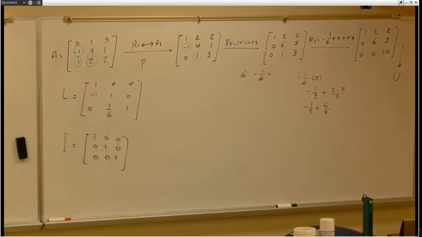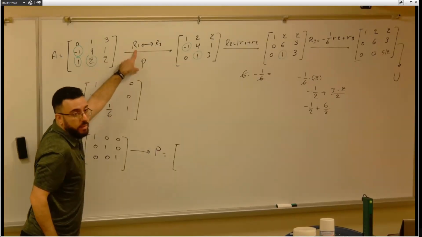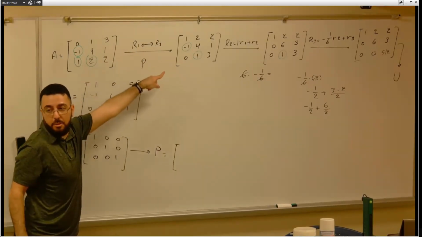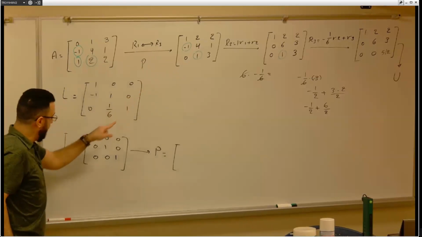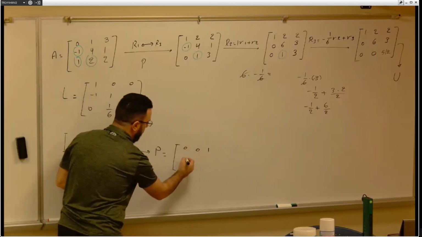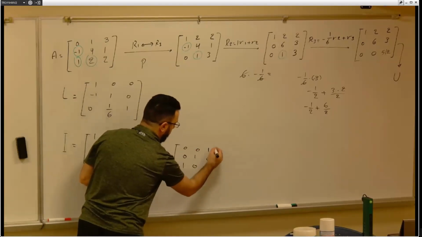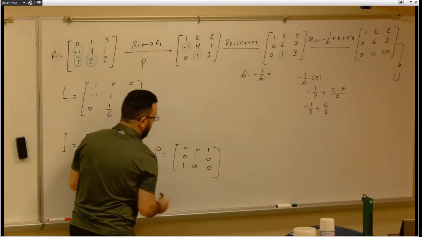Now I need to write down the P matrix. That means the P matrix is going to be the operation I did as well. Change R1 with R3. I'm going to go back to the identity matrix and change this row with this one. So it's going to be 0, 0, 1; 0, 1, 0; and 1, 0, 0. This is the P matrix.